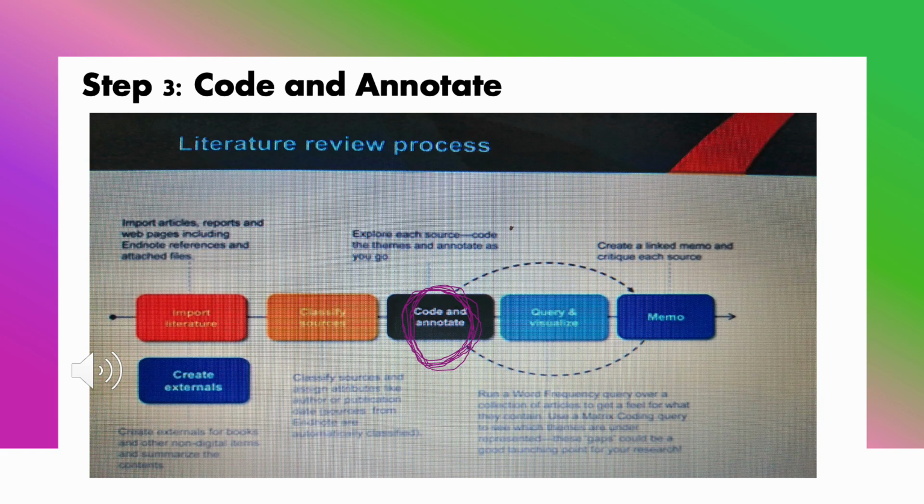We are now moving on to step 3, code and annotate. Now, remember that you are coding or annotating your data, and your data in this case is a literature review, that is journal articles or other literature sources.